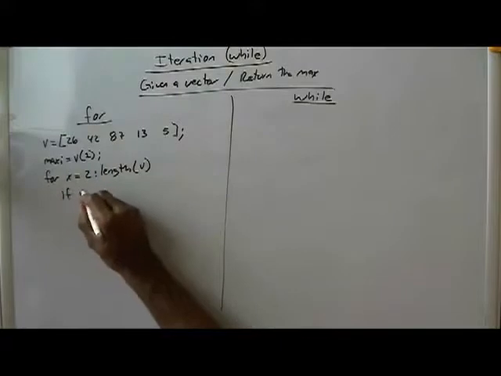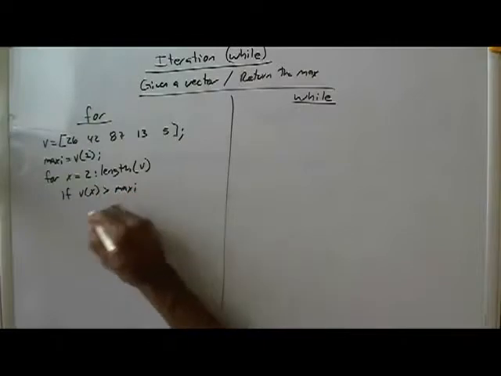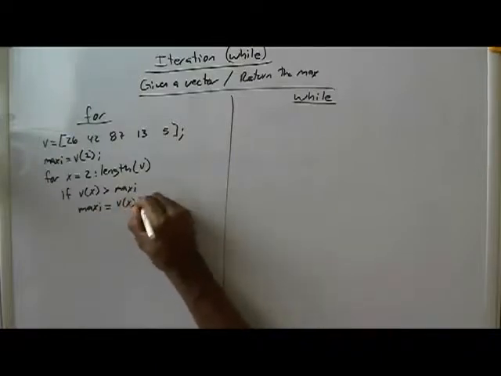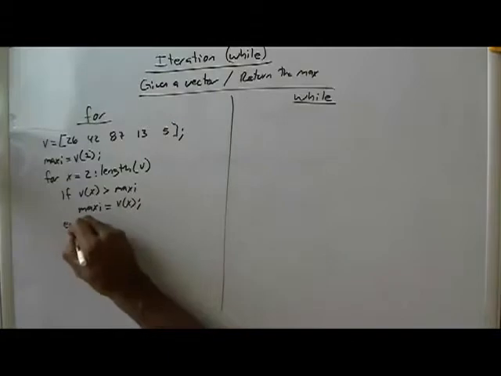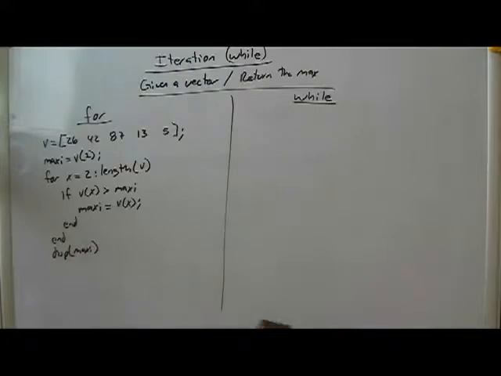If v sub x is greater than maxi, then maxi gets v sub x. Okay, and then we end our if, end our for, and then we'll display maxi.